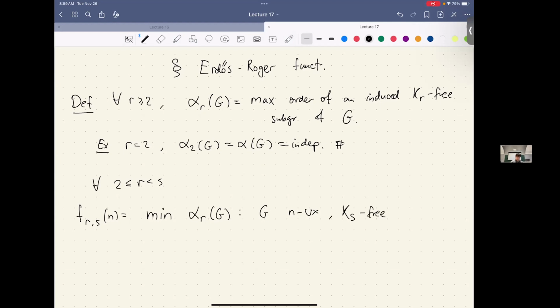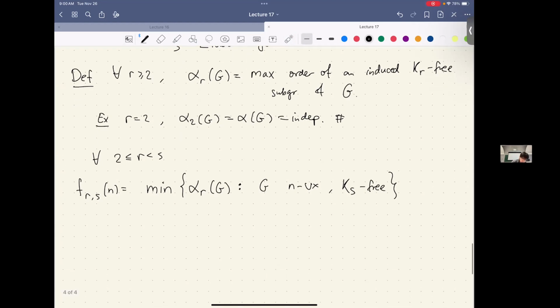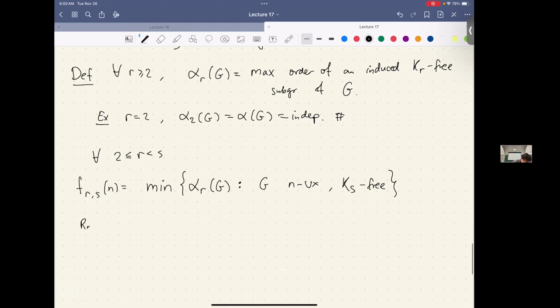Okay, that's it. Let's make a connection of this function with the Ramsey function. I claim that if you take r equal to 2, it's basically the inverse function of Ramsey. So, remark.